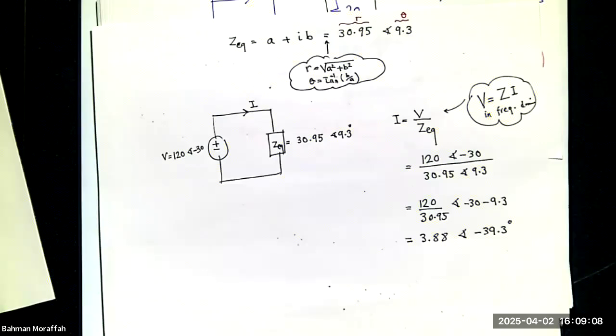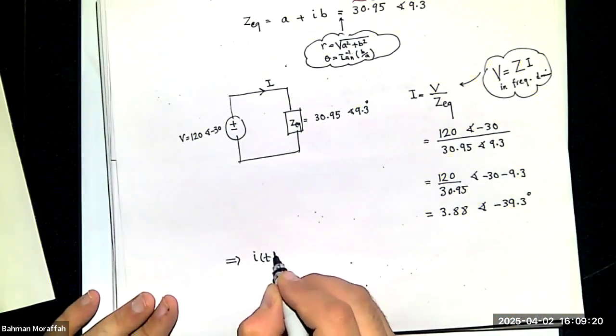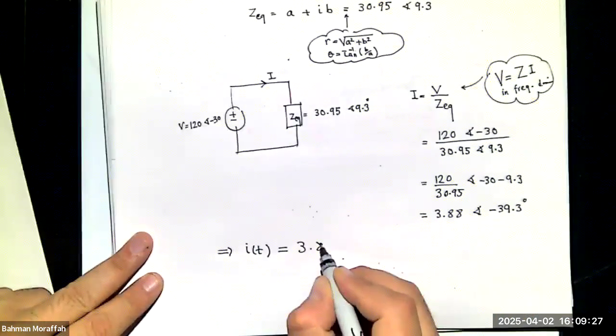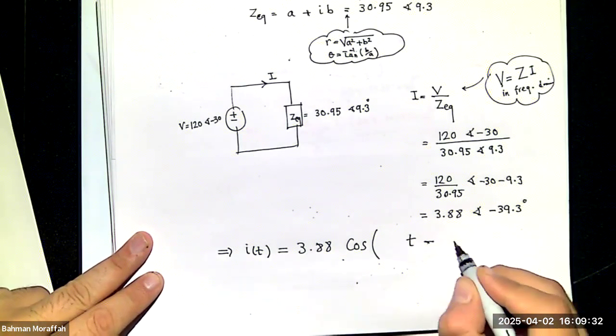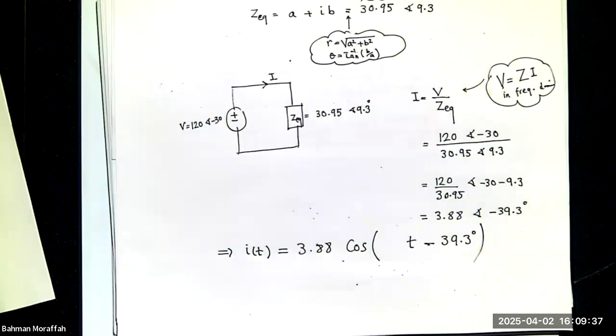Right? We're not done yet. We know I in the frequency domain. What is I in the time domain? What is the inverse Fourier transform? Yeah, exactly. It is 3.88 cosine omega t plus the angle. What is omega? It's 377. Omega does not change.